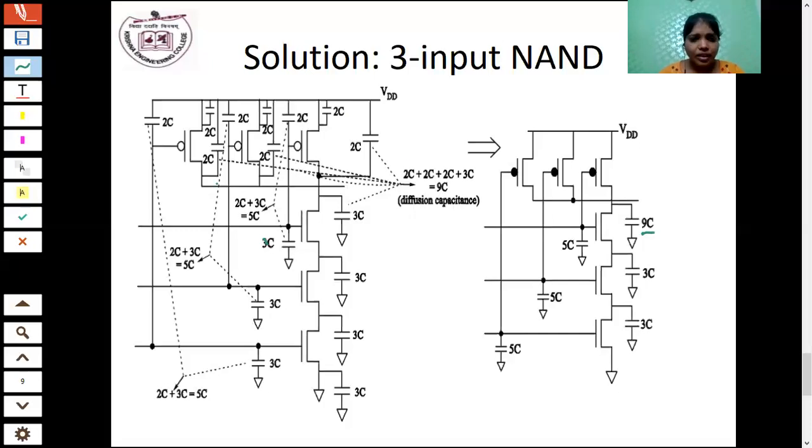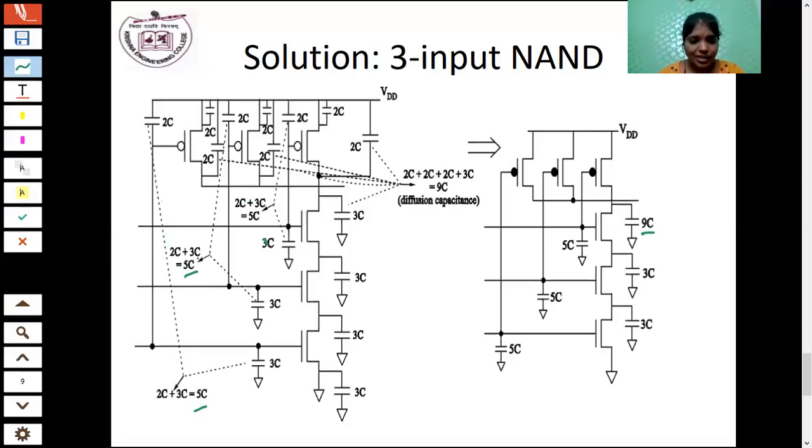Okay. Then we are going to calculate the input capacitance value. Already I told you that input capacitance is nothing but you have to add the input capacitance values of PMOS and NMOS. If you have a 3 input NAND gate, no need to add all the 3, just add one value. Okay.